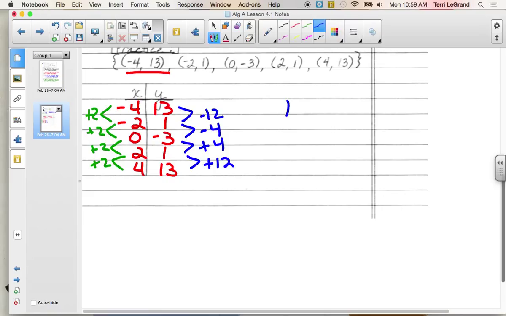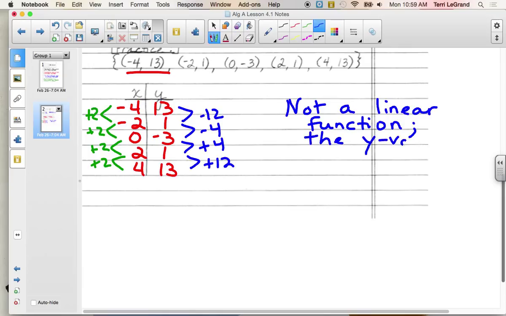So we would say not a linear function, and our reasoning: the Y values do not have a constant change.